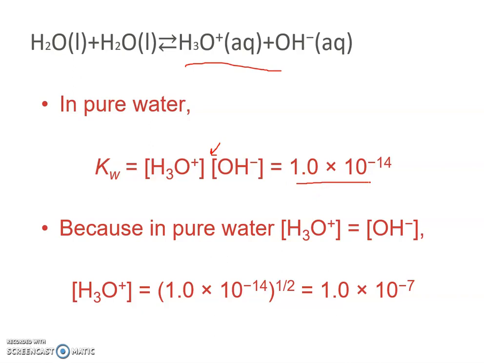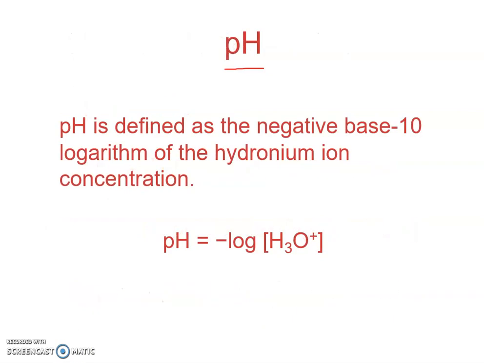So think about what that means: 0.00000, right, 14 times. And since in pure water these two have to be equal, that means the concentration of our hydronium is going to be 1 times 10 to the minus 7. So that's still pretty small, 0.0000001, I think.